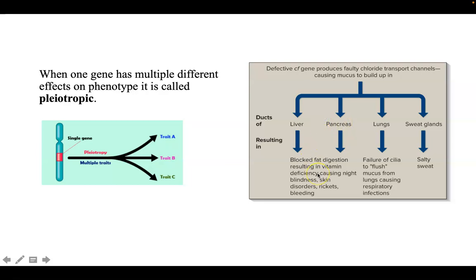And this is just one single gene, but it has all of these negative effects. It causes blocked fat digestion, resulting in vitamin deficiency. It causes failure of cilia to flush mucus from the lungs, causing respiratory infections, and also causes salty sweat. So just one gene causing all these different things, that is a pleiotropic gene.